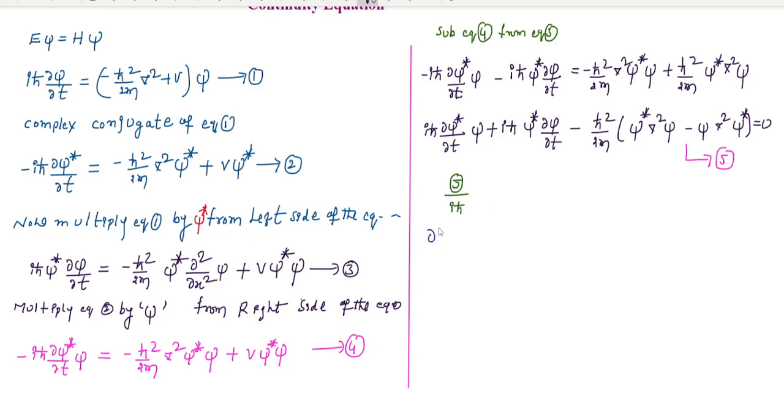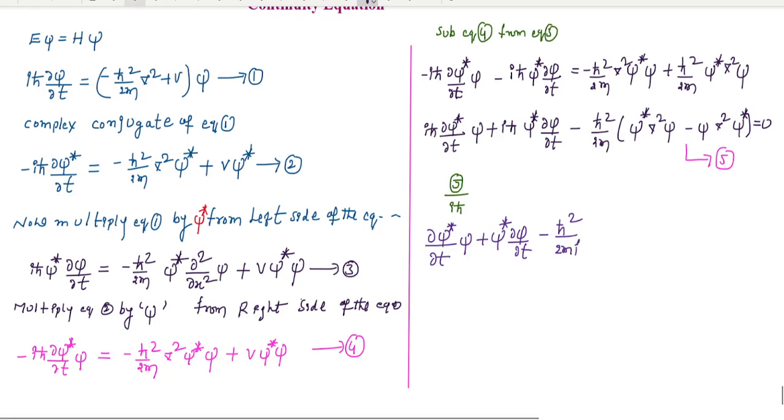Therefore we'll get ψ* ∂ψ/∂t plus ψ ∂ψ*/∂t minus ħ divided by 2mi.